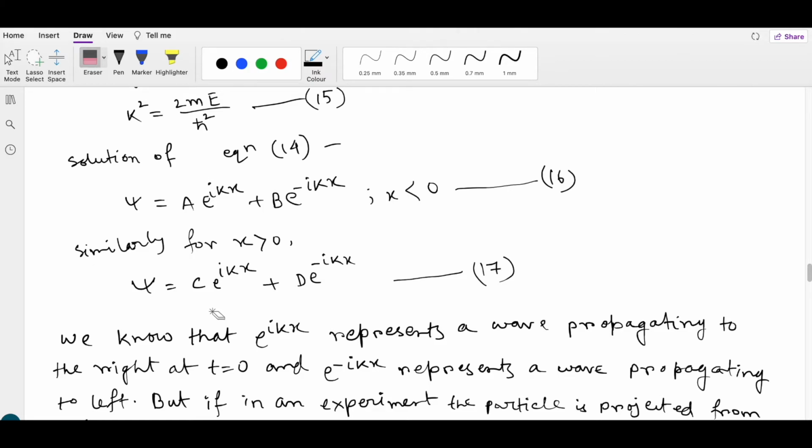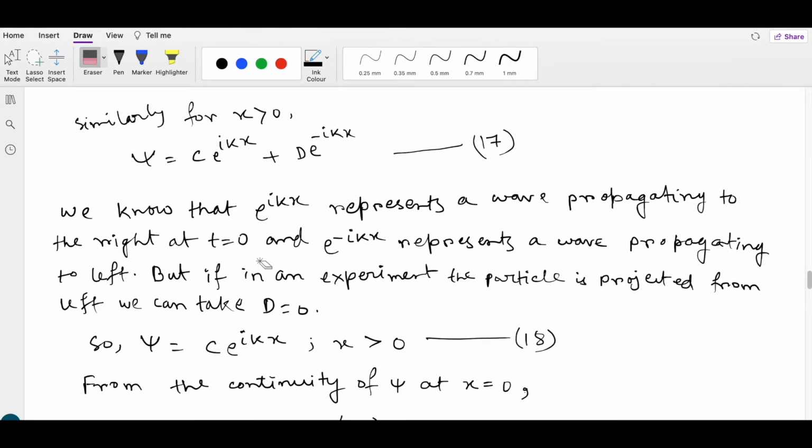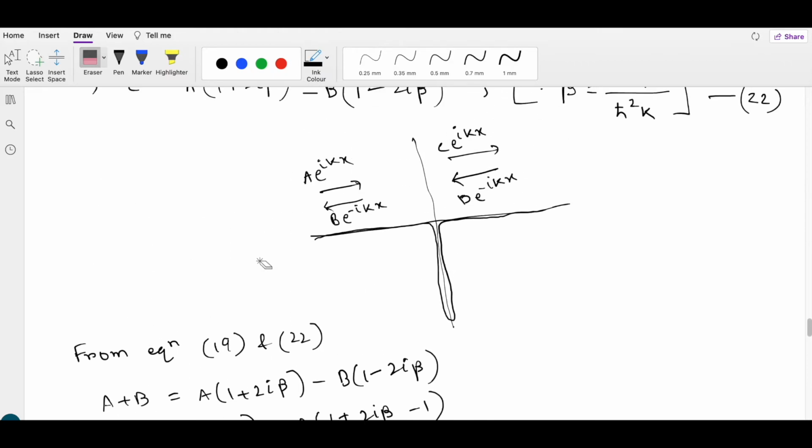We know that e^(ikx) represents a wave propagating to the right at t equals 0, or towards the positive x direction, and e^(-ikx) represents a wave propagating towards the negative x direction. But if in an experiment the particle is projected from left, we can take D equals 0, because let me show you a picture.